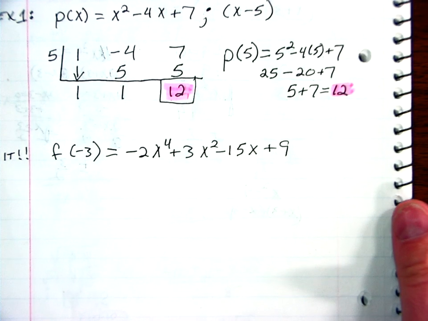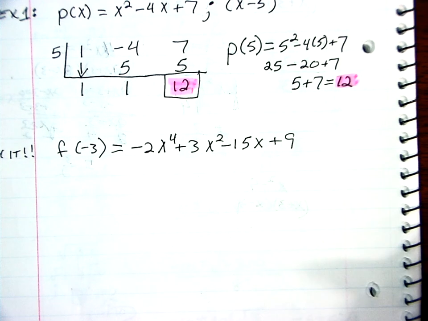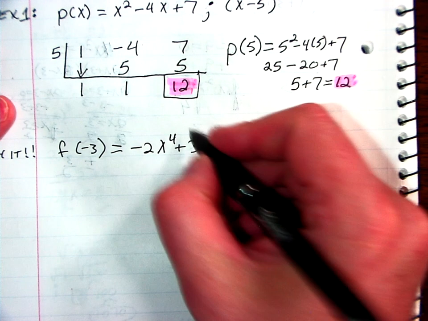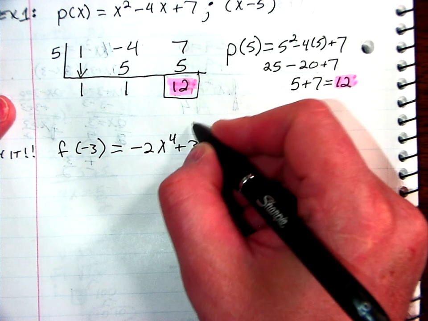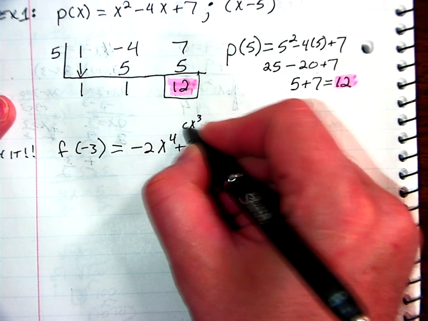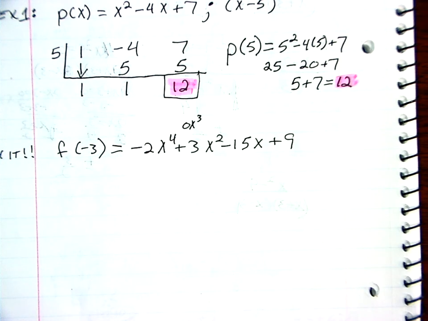Now, be advised, do our exponents go in order? 4, 3, 2, 1. What's missing? 3. So what do we have to plug in for the x cubed? 0. Don't forget to do that. All right, go ahead and try that, please.